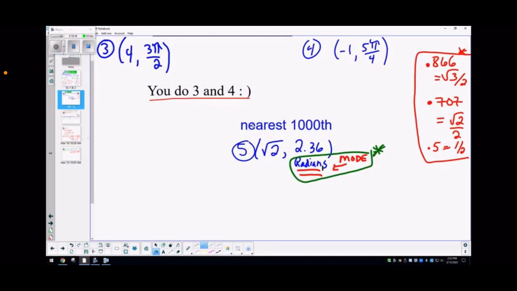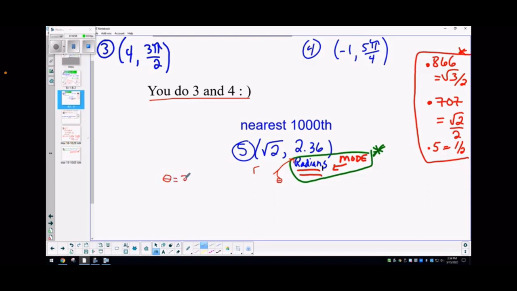So on your own, I want you guys to do 3 and 4. And we're going to look at number 5 together, which gives you the angle in radian measure. So again, our r is going to be that square root of 2, and theta now is 2.36 radians.